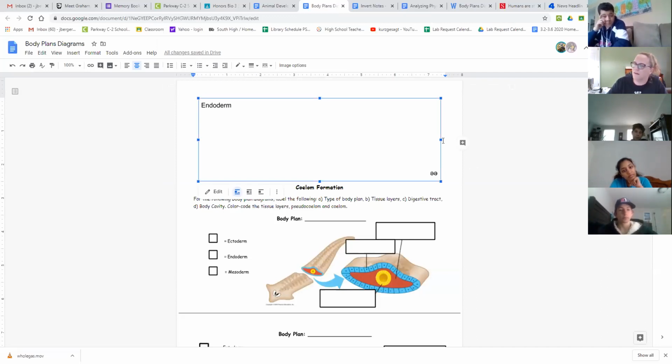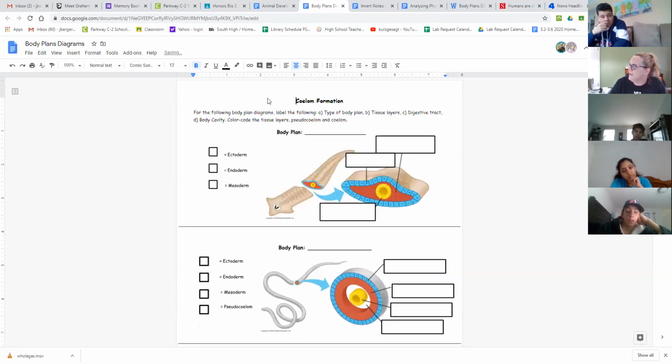Does everybody understand that concept? Anybody have any questions? Raise your hand if you do. Now, it's way easier if you could just print it out and write on it and then take a picture and upload it to the classroom. But I know not all of you have ink or paper or anything like that. So just do the best you can with things like text boxes and filling it out that way.